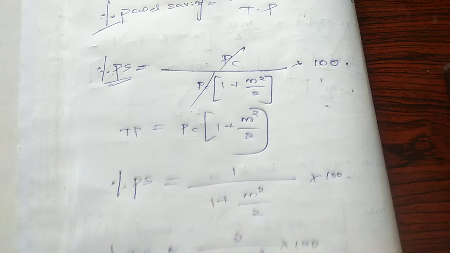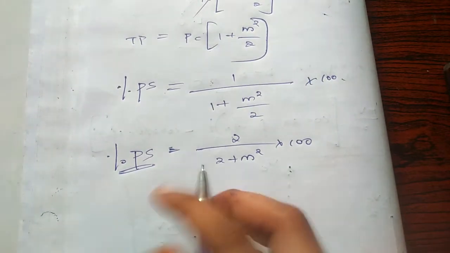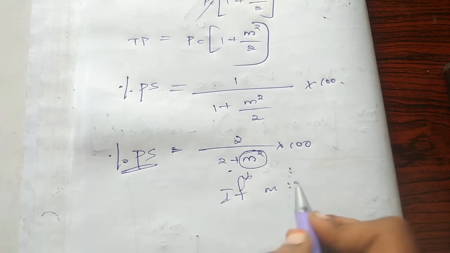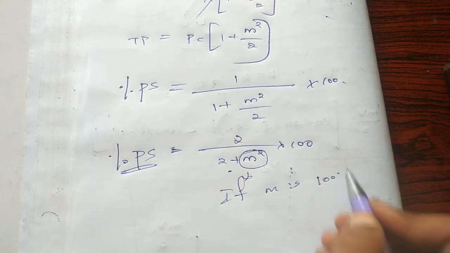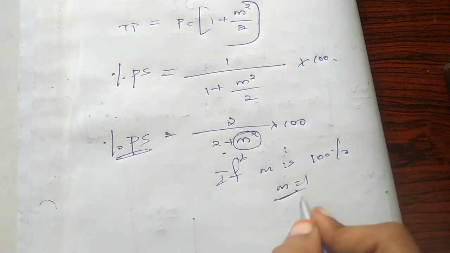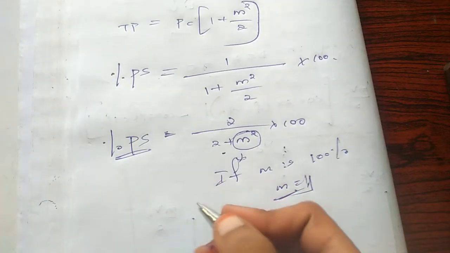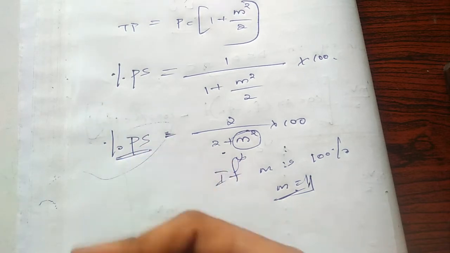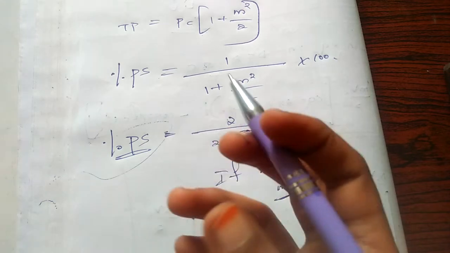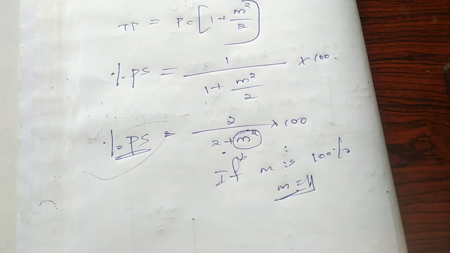If the modulation is 100%, then m is equal to 1, right? If m is equal to 1, then what is the percentage of the power that we saved, meaning the power consumed by the carrier?